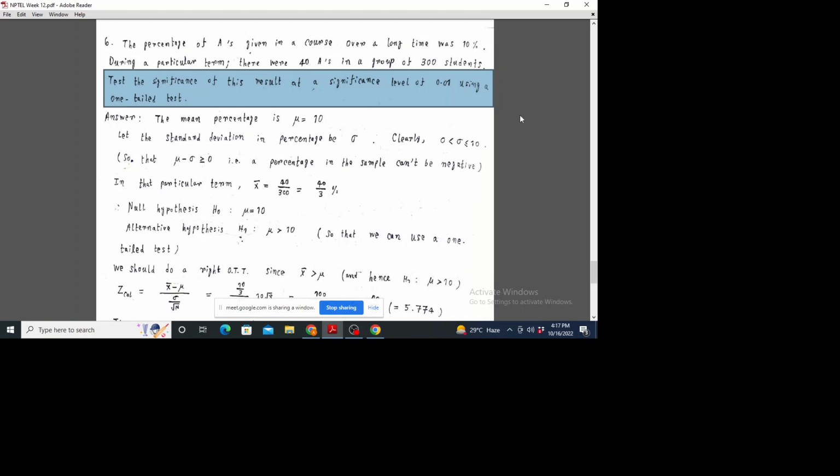That is how you do it, like you draw a sample. So you are drawing a random sample of 300 students, out of which 40 got A. So you are drawing a particular sample.